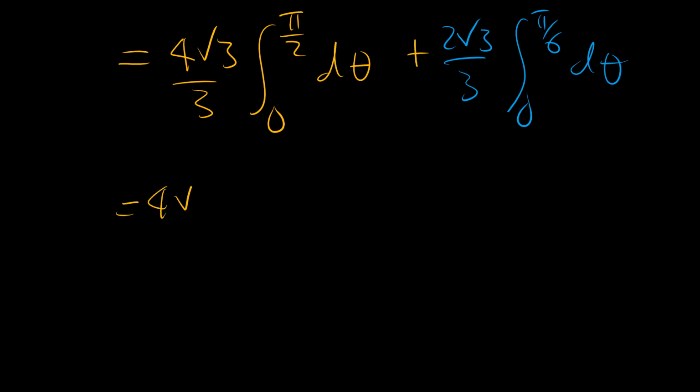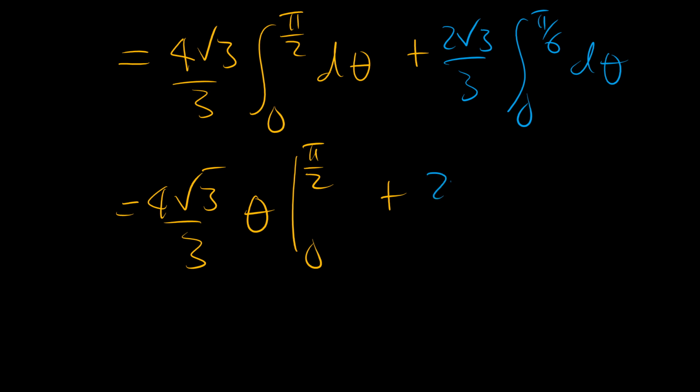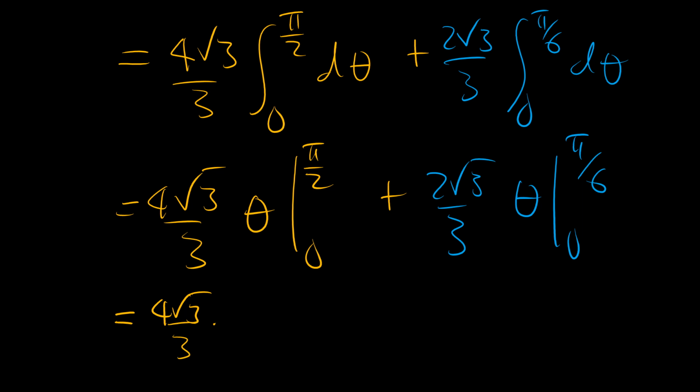So this is 4 root 3 over 3 times theta from 0 to pi over 2, plus 2 root 3 over 3 times theta from 0 to pi over 6. Okay, so as we proceed, we come to 4 root 3 over 3 times pi over 2 minus 0, which is just pi over 2. So this goes twice. And then we have 2 root 3 over 3 times pi over 6.